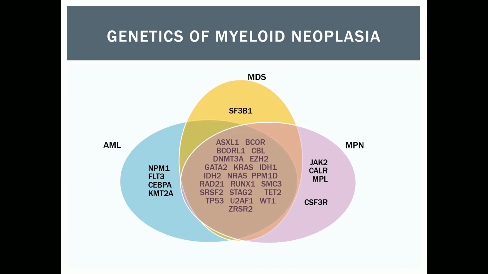Similarly, CSF3R variants are most common in chronic neutrophilic leukemia, and some specific variants like MPL are more common in some types of myeloproliferative neoplasm, such as essential thrombocythemia and myelofibrosis, but not PV.